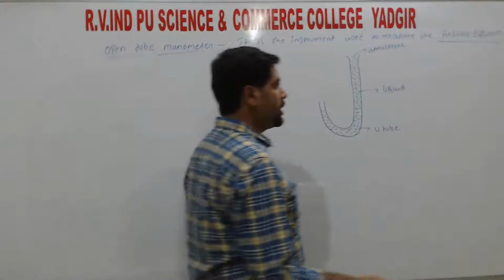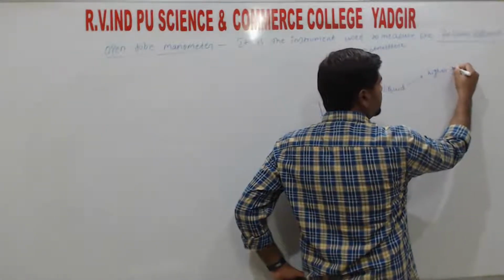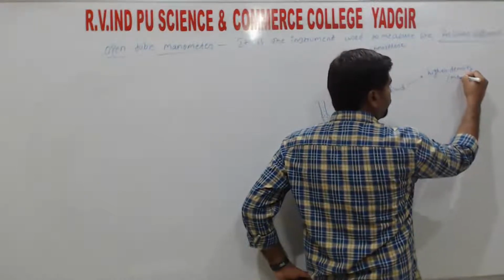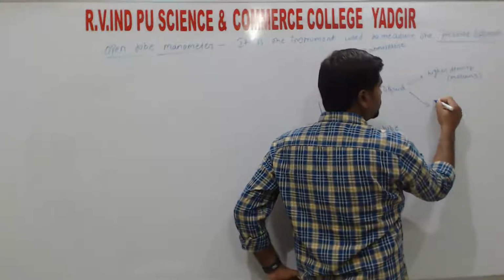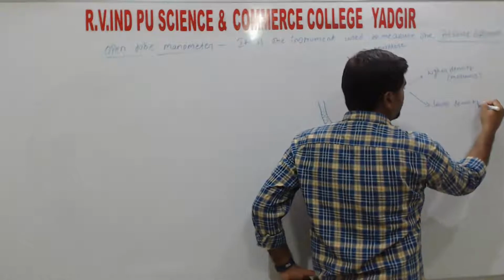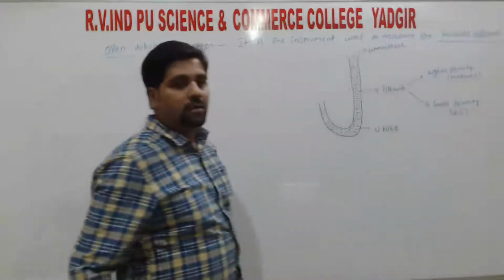So there are two kinds. One is higher density, for example mercury. Another one is lower density, for example oil, right?